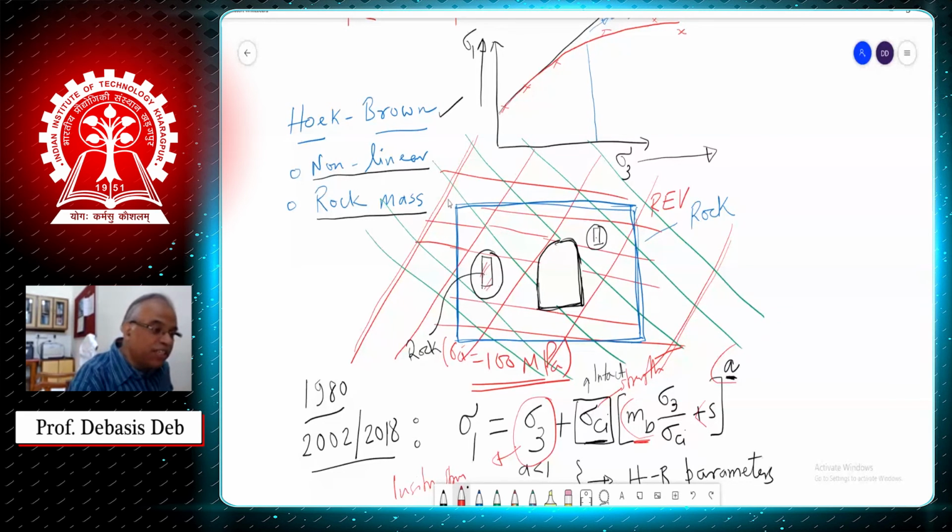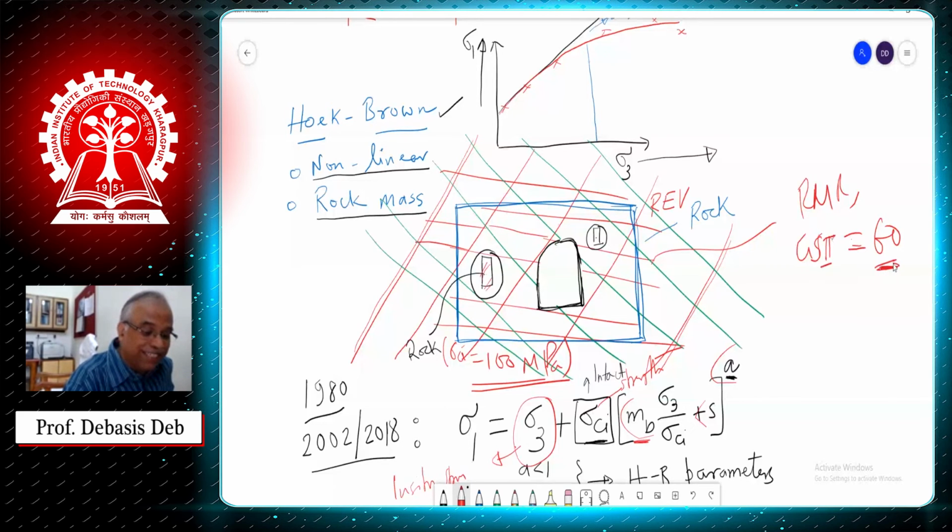But when you consider all these joints where the RMR or GSI is about 60, and let me tell you, this 60 is not bad, 60 is good, it means it's a good type of rock we normally consider.